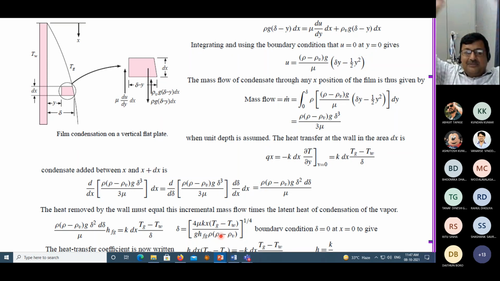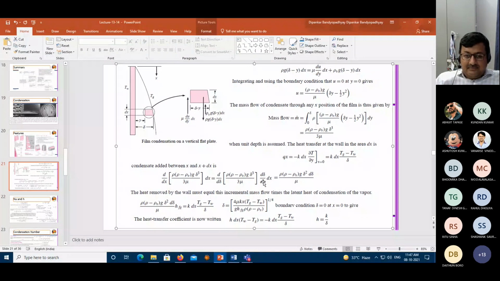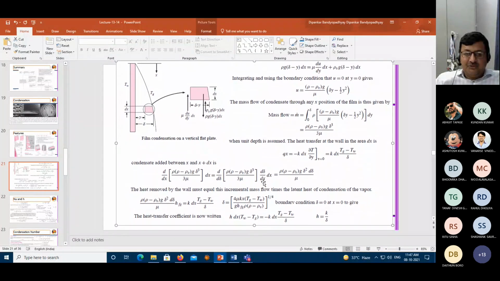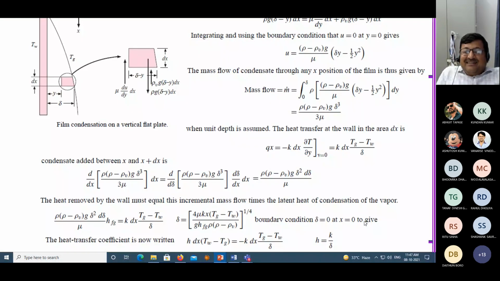What is heat transfer coefficient? That should determine the rate of heat transfer.